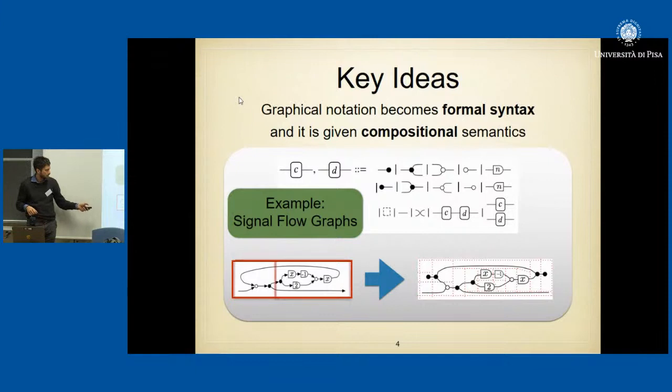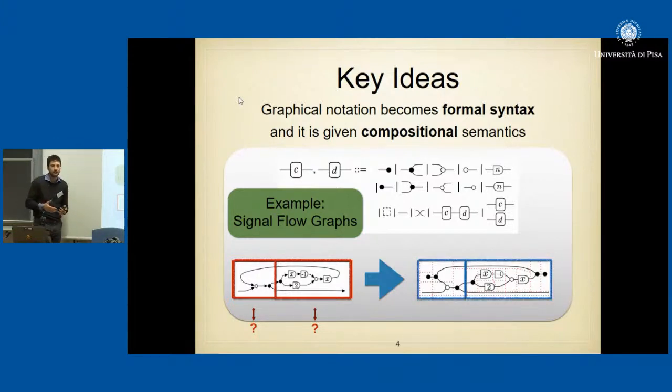In the one on the left, if we try to cut it in half, it's a bit unclear what the meaning of each half is. This is not even a well-formed signal flow graph in the traditional theory. When we go to the right, instead, making such a cut makes perfect sense.